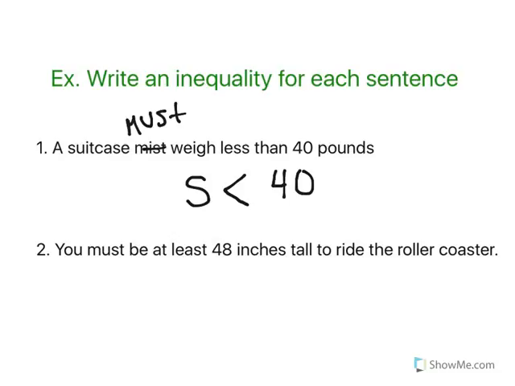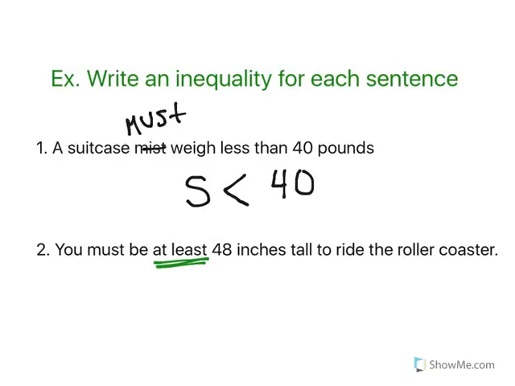Now the next example says, you must be at least 48 inches tall to ride the roller coaster. In this example, at least means it must be greater than or equal to, because if somebody is 48 inches tall, they can actually ride that roller coaster. So I know there has to be that or equal to sign in there.